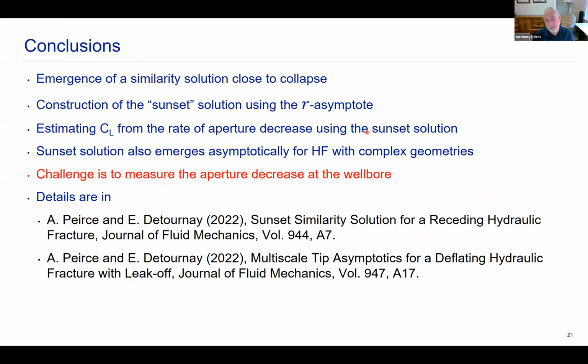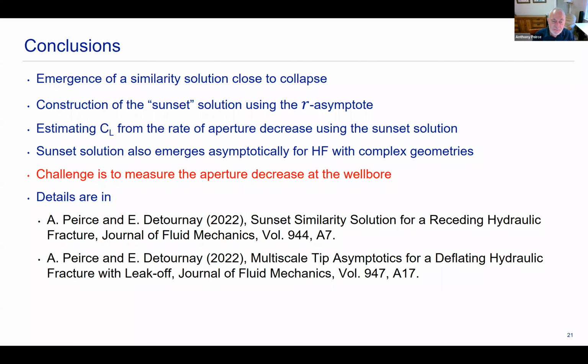Interestingly enough, we can get fairly good estimates of the leak-off coefficient from the aperture decline. The sunset solution is also quite ubiquitous, even with complex geometries. So the results give us an opportunity. We've got potentially a new way of measuring the leak-off coefficient.